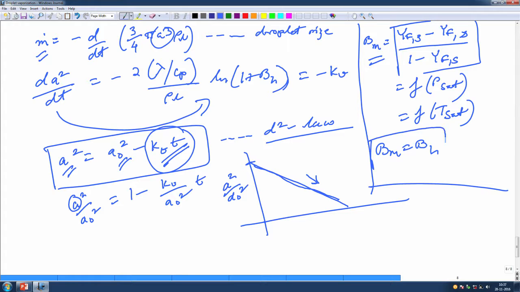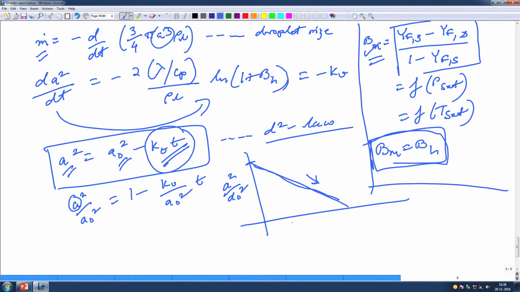You can derive this d square law from either of the two situations, and these should be equivalent to each other. So, this is mass transfer. If they are not equivalent, the lower of the two actually governs the process. So, this is either called mass transfer limited or heat transfer limited.